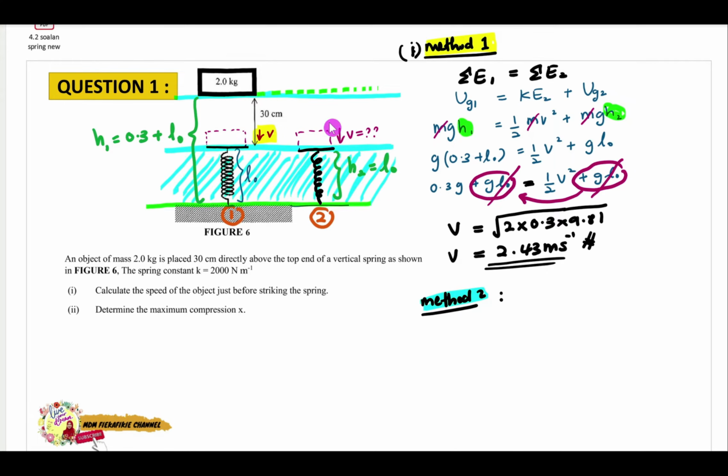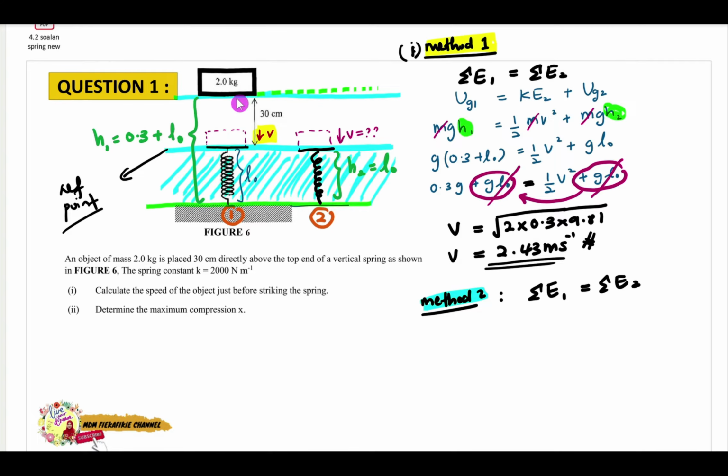Okay, so when we want to answer conservation of energy, your reference line is this one. Okay, reference point. So it will be total energy initial equals total energy final, which is the second picture. So for the first picture, look at here, the object is at a position of 30 cm from the top of the spring.